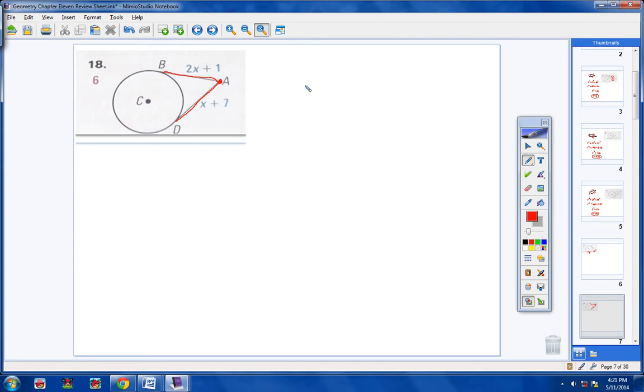So I can take 2x plus 1 and set it equal to x plus 7. Now bring your x over and make it a negative x. Bring your 1 over and make it a negative 1. 2x minus x is x, and 7 minus 1 is 6. So the answer to x has to be 6.